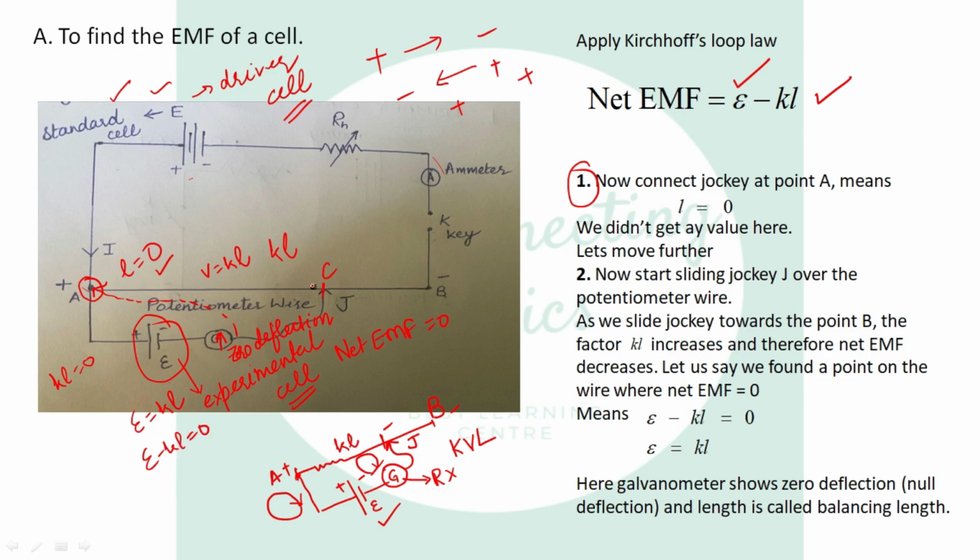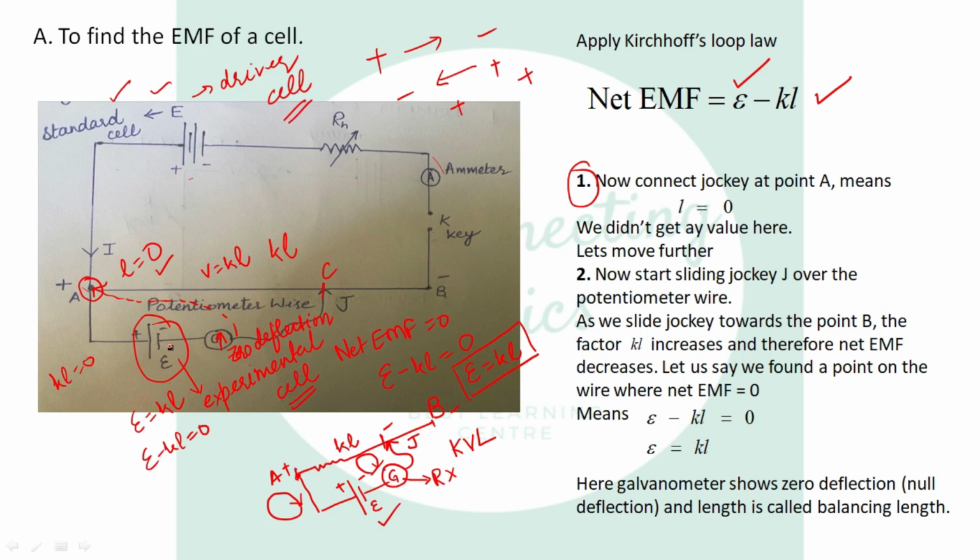That's why a point will come where the galvanometer will show 0 deflection. So net EMF is equal to E minus KL, which is equal to 0. So that means E equals K into L. So this is how we measure the EMF of a given cell.